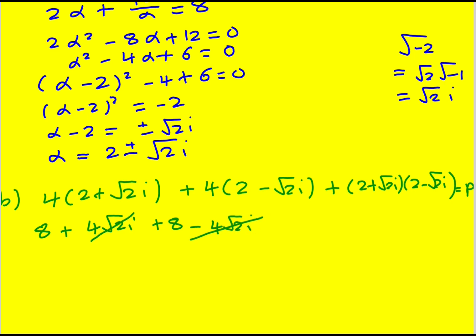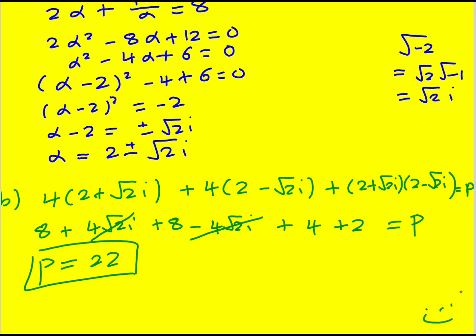They're going to cancel. Plus 4. This is a difference of two squares going on here, so I'm going to get a minus 2 root 2 i and a plus 2 root 2 i, so I can ignore that. But I am going to get minus 2 times i squared, which is going to give me another plus 2. And therefore p is 16 plus 6, which is 22. Nice question. Well done.